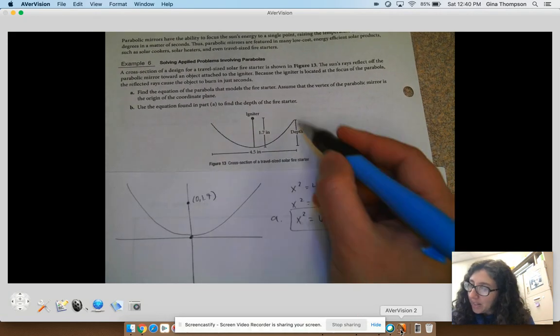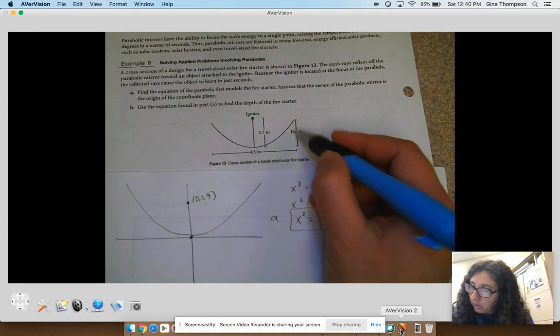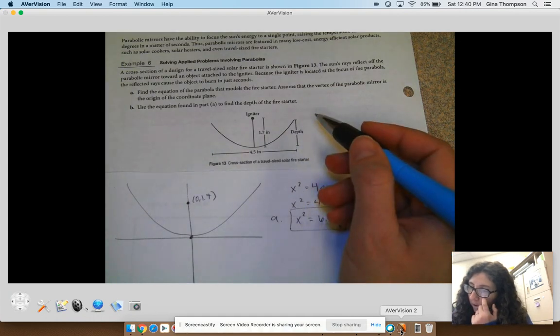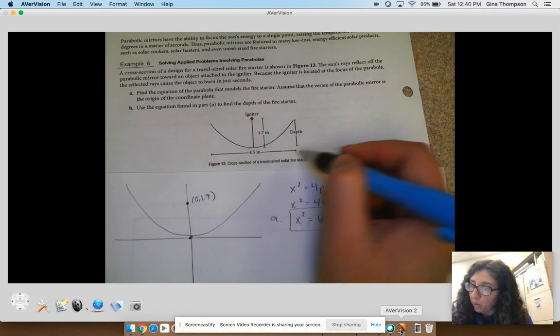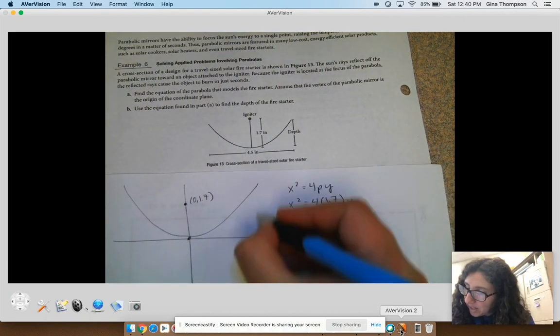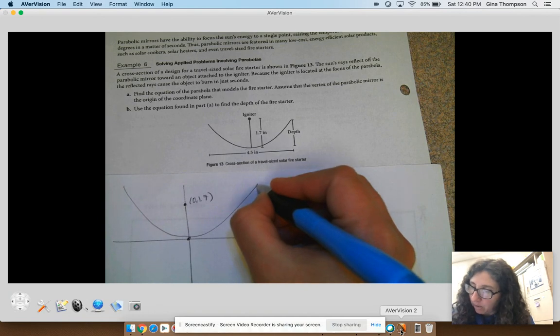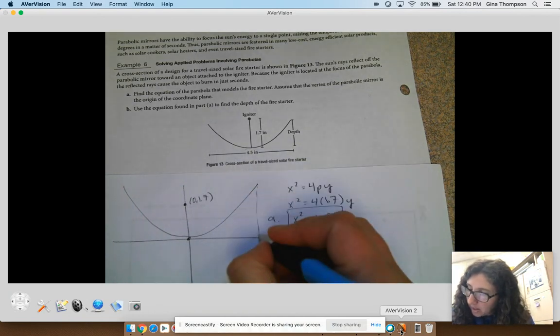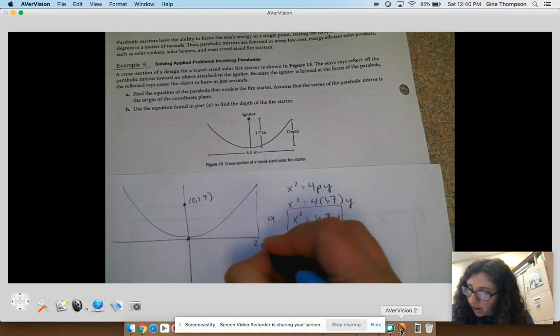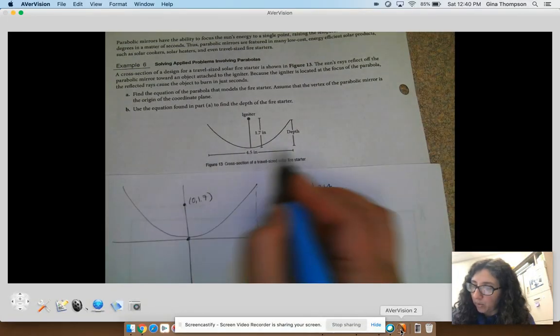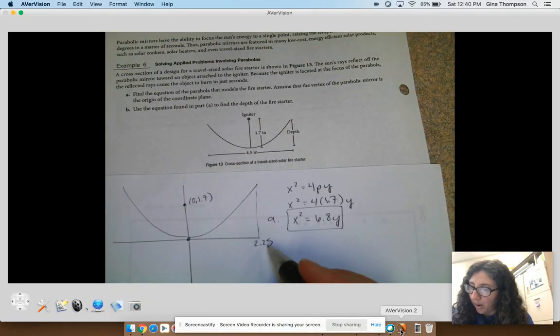And then they ask, find the depth of the fire starter. We know that across this is 4.5. This ends right here, right? And we know that this is 2.25, because they tell us this whole distance is 4.5, so this distance is 2.25.